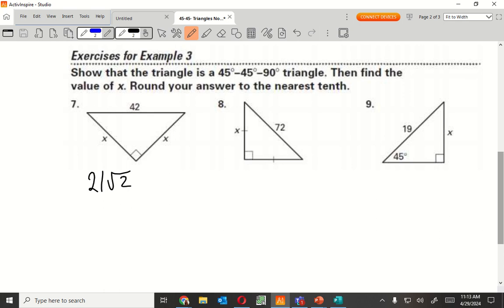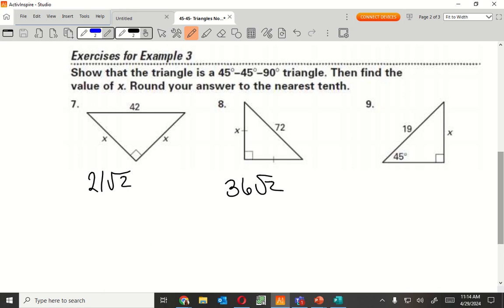All right. Thanos, what'd you get for 8? You got 51? I don't like 51. Karen, what do you got? 36 rad 2? Yeah.